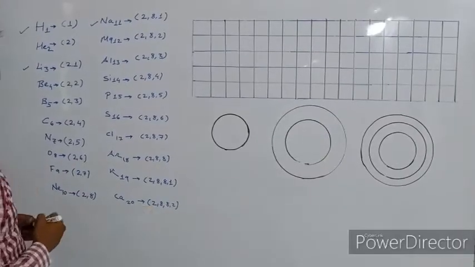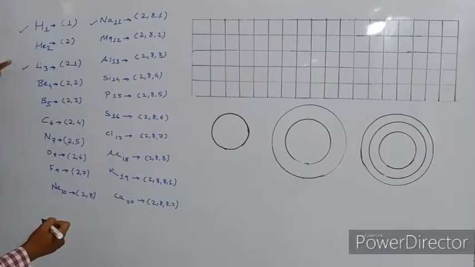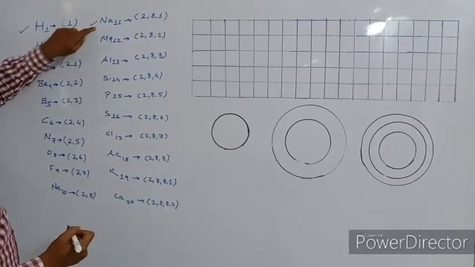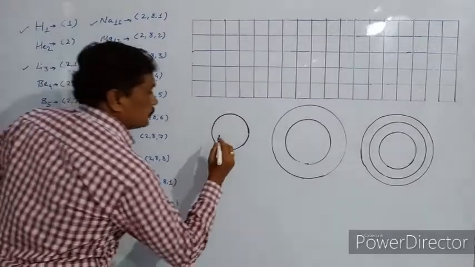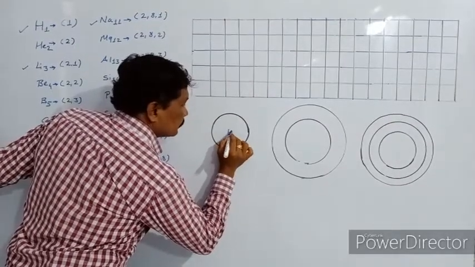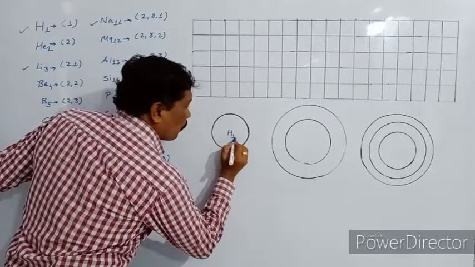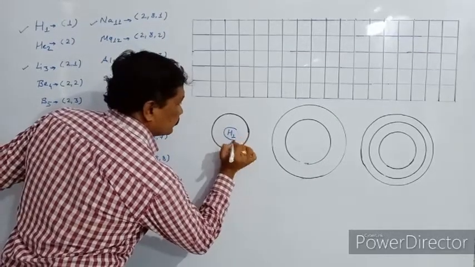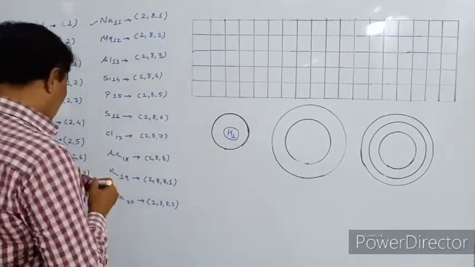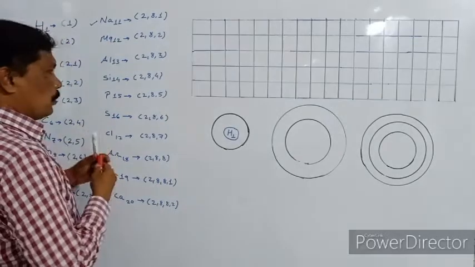Let's have brainstorming on hydrogen, lithium and sodium. Hydrogen: atomic number 1, number of electrons present 1.